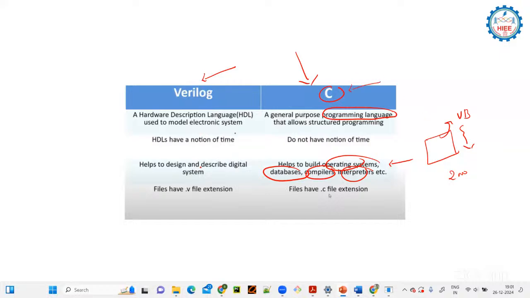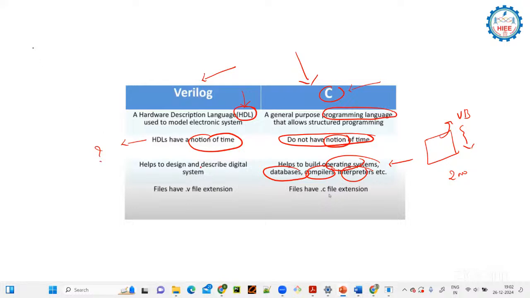In contrast to that, Verilog is an HDL, which is used for describing hardware. As I told you, HDL stands for hardware description language. But the major difference between traditional languages and HDLs is that traditional languages do not have a notion of time, whereas our HDLs have a notion of time. What do I mean by notion of time?